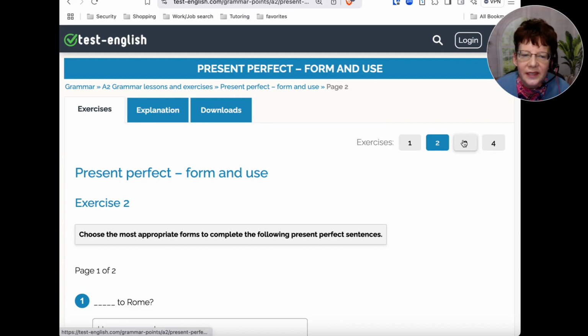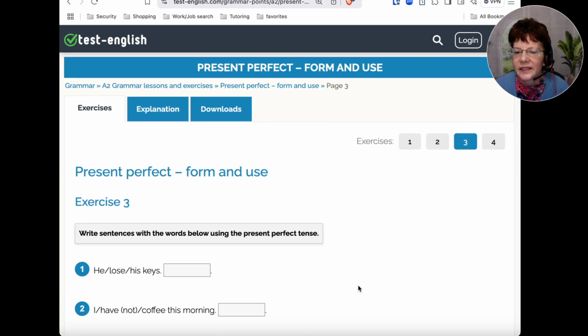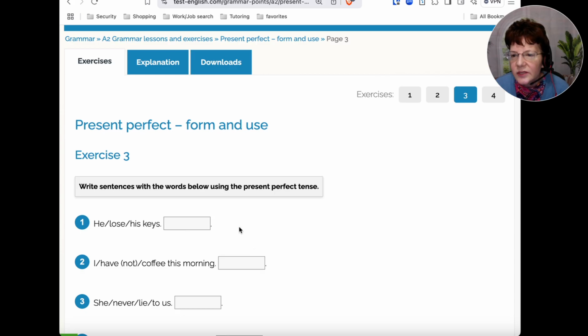Okay, what's the third exercise look like? Okay, so for this one, we're gonna write sentences with these words using present perfect. So number one, we have he lose his keys. Okay, so we're starting with he. Okay, has lost. That'd be the past participle. His keys.